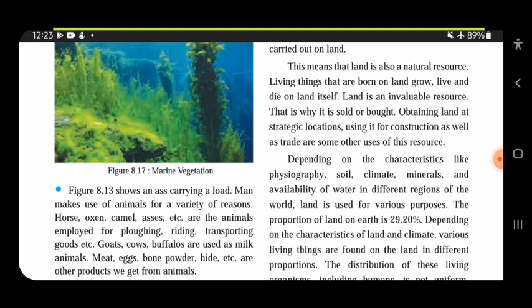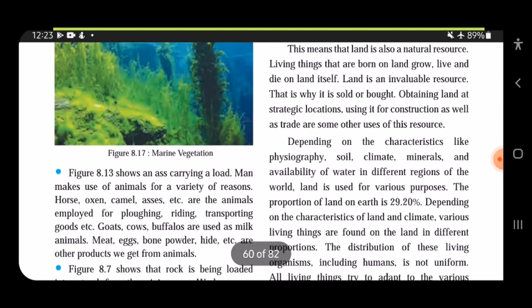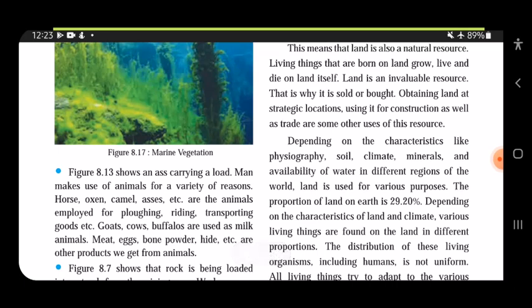Living things that are born on land grow, live, and die on land itself. Okay, land is an invaluable resource. That is why it is sold or bought. Nowadays, to buy even a small piece of land, you require a lot of money. So that's why it is saying land is an invaluable resource.